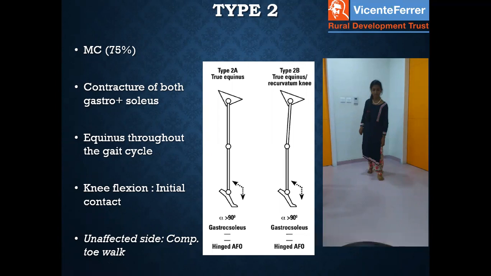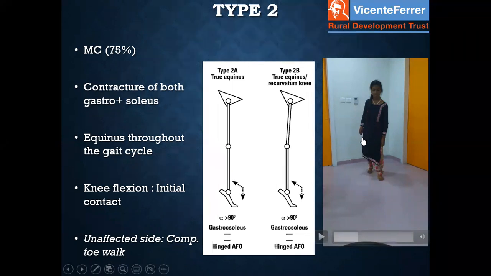If it had hamstring contraction, the gait would become a type 3 gait. So here the child is having only gastrosoleus contraction, so there is impaired dorsiflexion due to that. To clear the foot from the ground during the swing phase, and not to have any tripping, the child compensates with hip hiking and circumducting the gait.